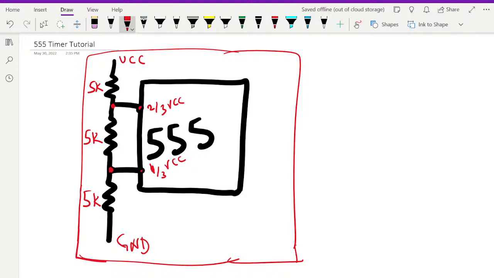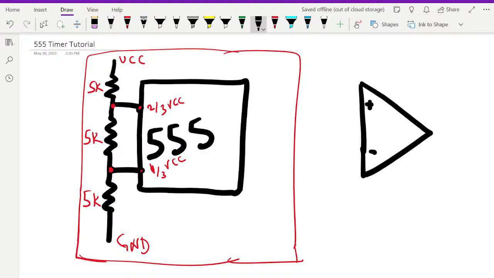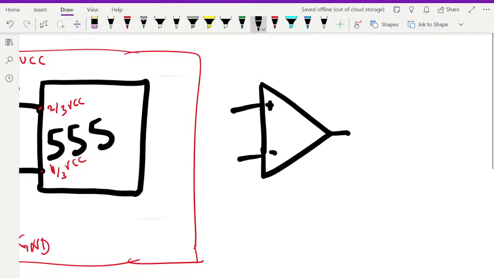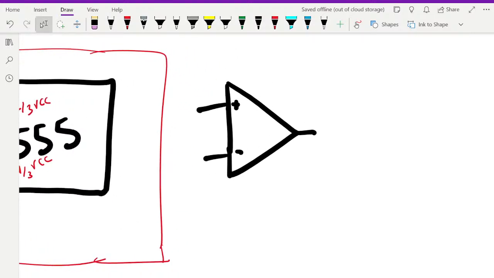Now, we talked about the comparators inside in a previous video. So you have two comparators, and normally a comparator has a non-inverting and an inverting input. The way it works is if the voltage on the non-inverting input is greater than or equal to the voltage on the inverting input, then the output is high.